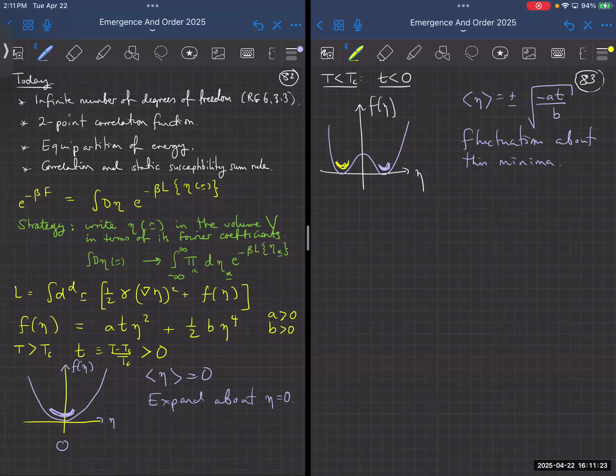So the strategy is going to be to choose one of the minima, which is in some sense breaking the symmetry, and then compute the Gaussian fluctuations.